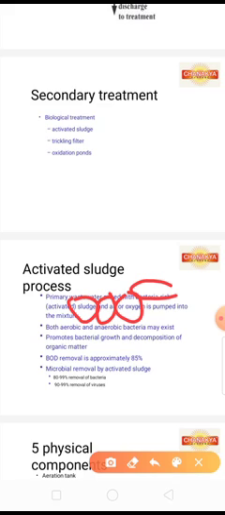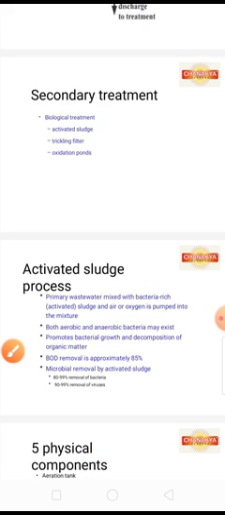Now what will happen? Aerobic and anaerobic bacteria will be present, and they will do their breakdown. So why is it called biological treatment?